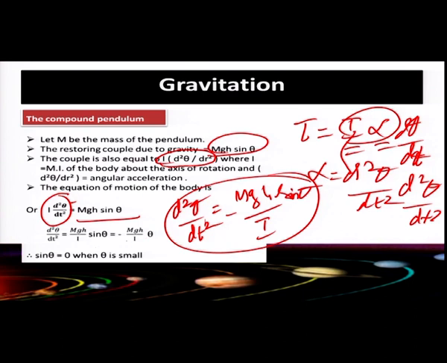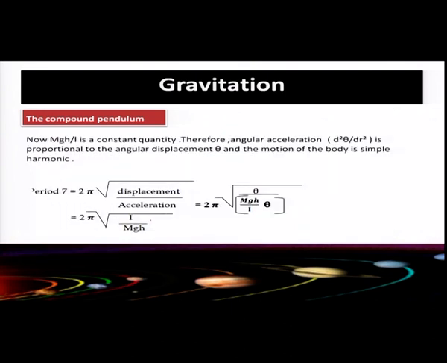Since theta is very small, we can approximate sin theta to theta. Therefore, d squared theta by dt squared is equal to minus mgh by I into theta. Now mgh by I is a constant quantity. Therefore, the angular acceleration d squared theta by dt squared is proportional to the angular displacement theta, and the motion of the body is simple harmonic.